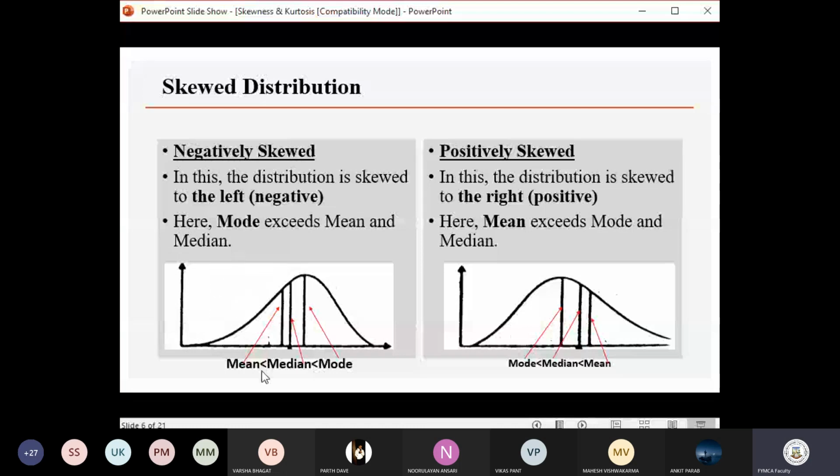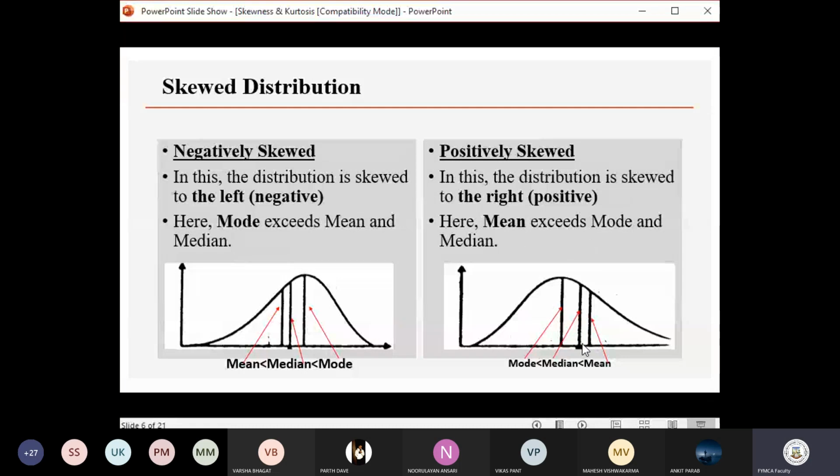And in this, you can see the mode value lies on the right hand side, exceeding the central values, that is the mean and median. You can see the relationship between mean, median, and mode. In this type of case, median is the better way to tell you the central tendency.